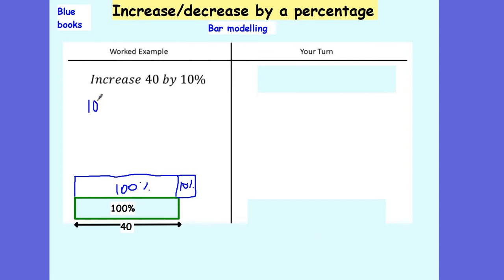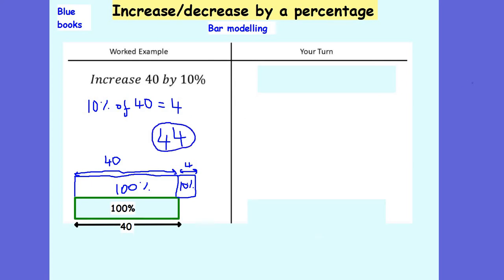To work out 10% of 40, we're just dividing it by 10, which will give us 4. So this little bit of the bar here is 4 along. The 100% part of the bar is 40 along. So to increase 40 by 10%, I add together 40 and 4, which will give me 44.